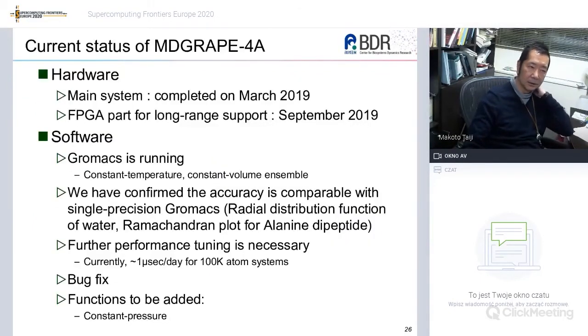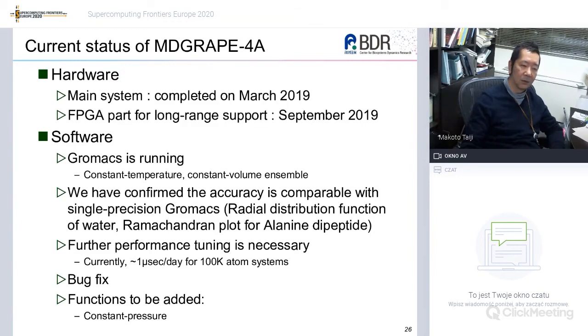The current status: our main hardware system was completed last year in March, and the FPGA part for long-range support was completed last September. Currently GROMACS is running with a constant temperature, constant volume ensemble, and we have confirmed the accuracy is comparable with single-precision GROMACS.